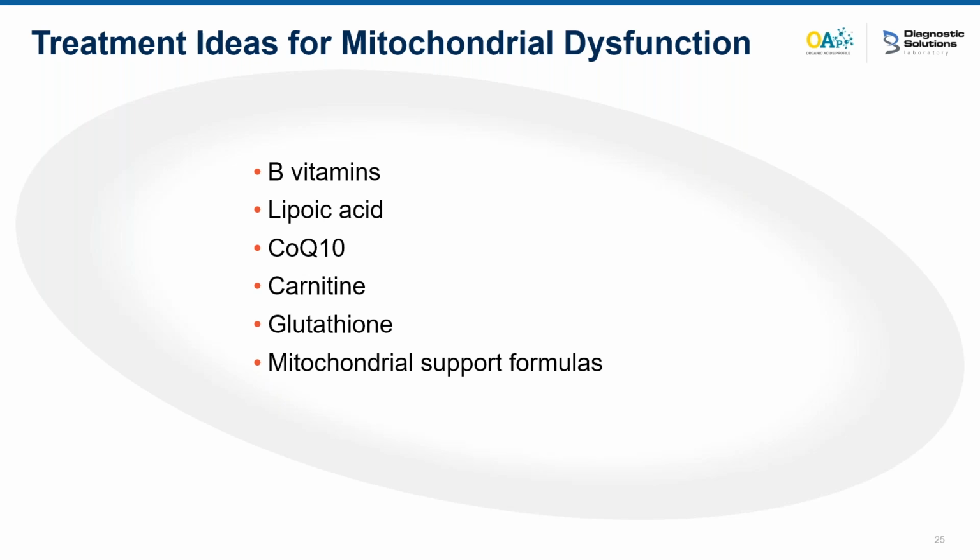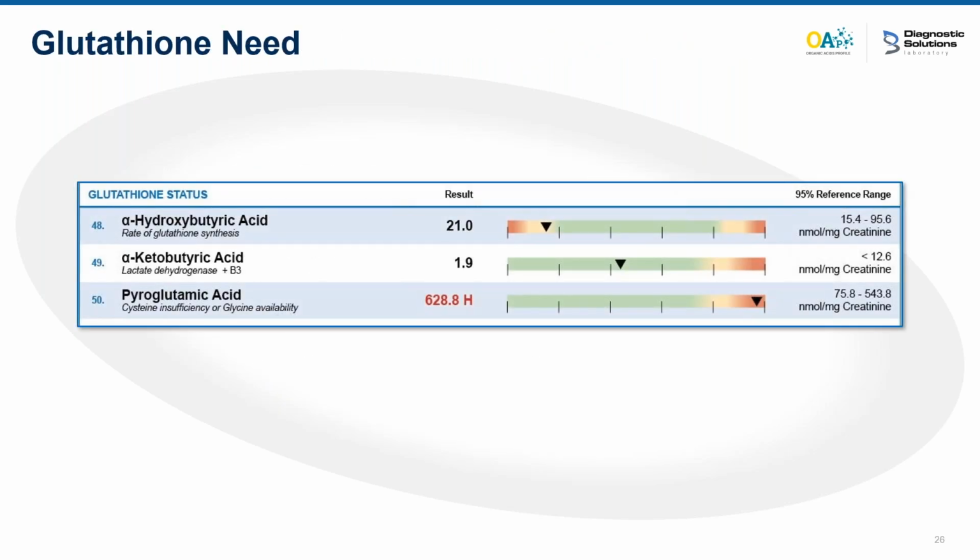But for those of you who are beginners, you can just contact your supplement company of choice and tell them you're looking for mitochondrial support formulas, because really every company that I'm aware of in our industry has some type of mitochondrial targeted product to help with energy production.